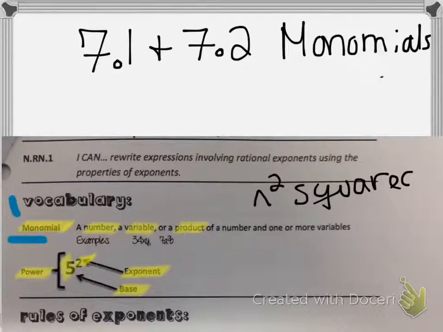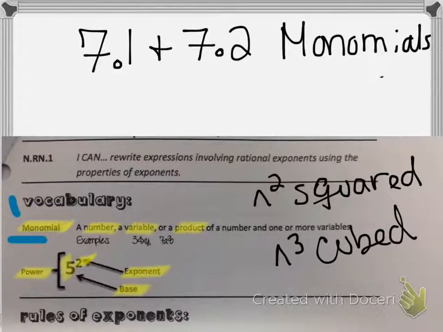And that's actually from the area formula. So if you multiply two sides of something to find the area of a square, or the area of a rectangle, if it's an area of a square, it's that number squared. So that's how we get the first piece. And if anything is raised to the third power, we call that cubed, okay?